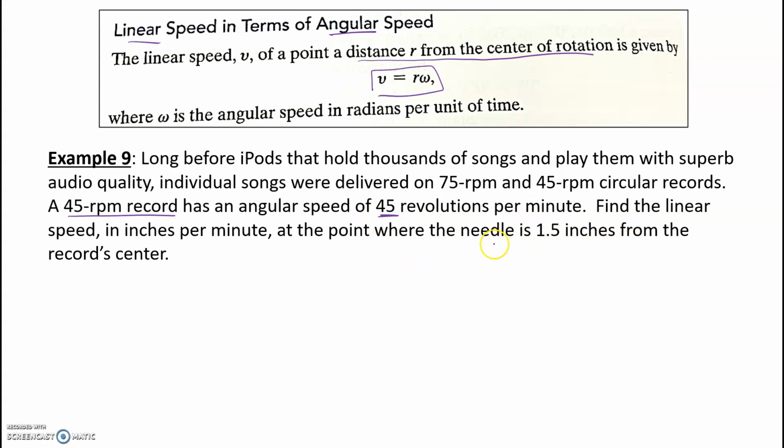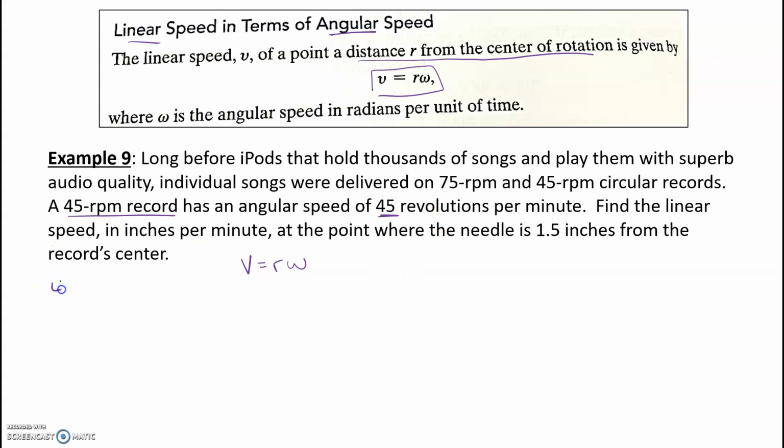They want us to convert it to linear speed. So we have our formula, v equals r times omega. The first thing is we need to get it in terms of radians per minute. So let's get revolutions into radians.